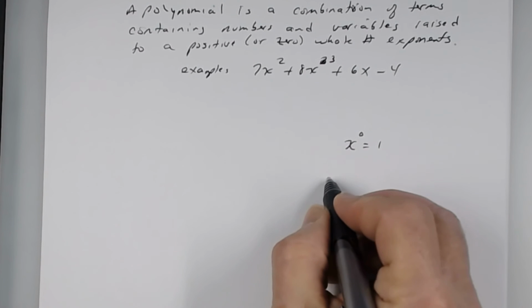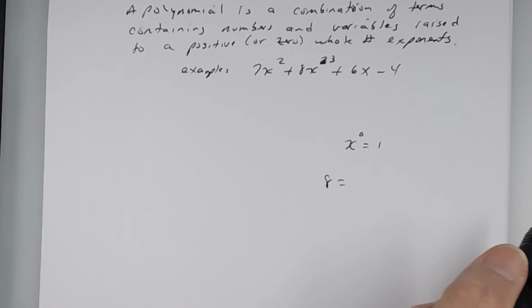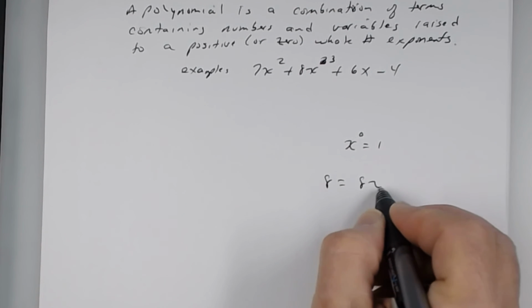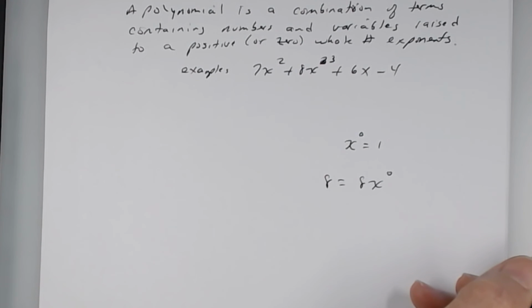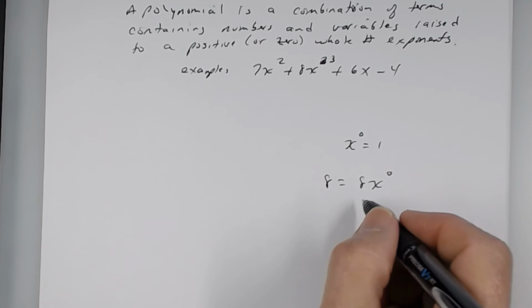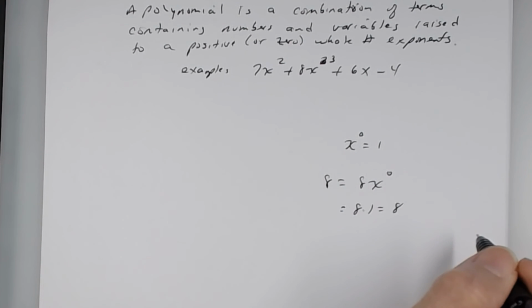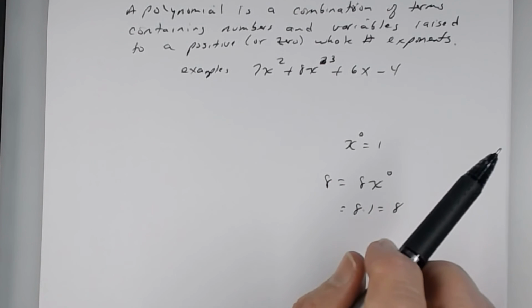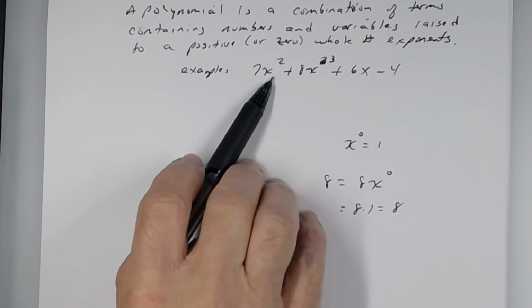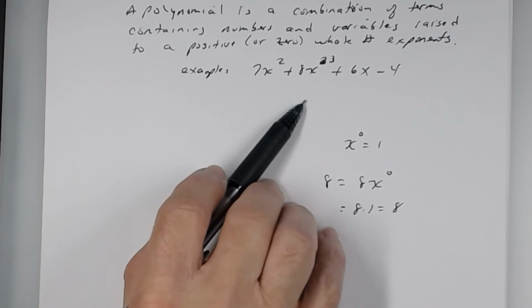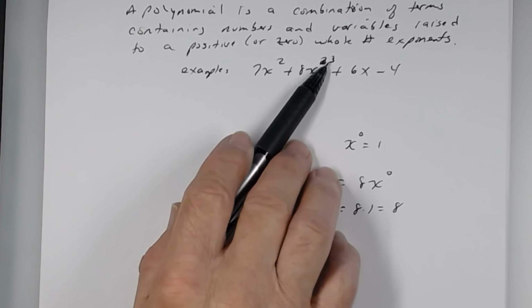So, if I have the number 8, do y'all agree that I can write 8 as 8 times x to the 0 power? Because what's x to the 0 power? 1, and 8 times 1 is still what? 8. So, listen carefully. This term, the exponent is 2. This term, the exponent is what? 3.